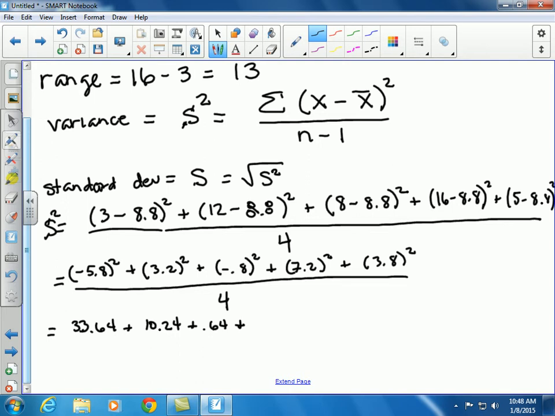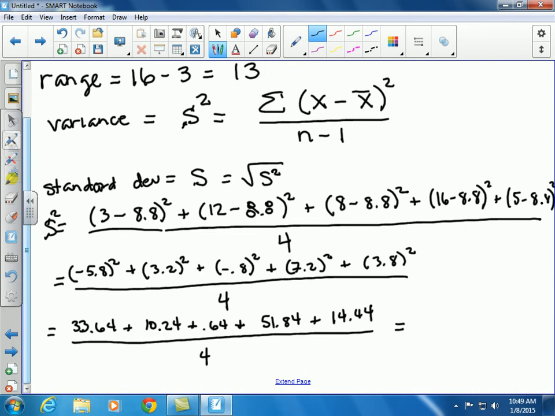And then 7.2 squared is 51.84, and 3.8 squared is 14.44. Okay, so I do that, and I'm going to divide all of those by 4.